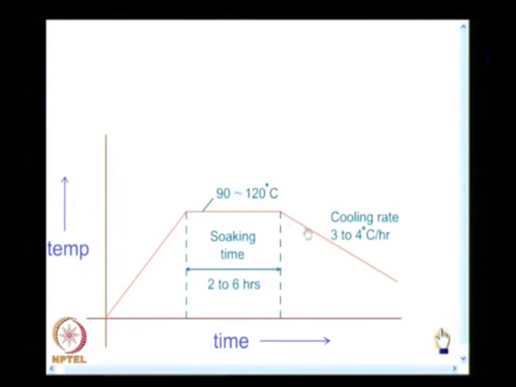So, gradually you cool it, and this is temperature as a function of time. So, the stresses are locked, and in the deformed position the primary bonds remain. So, when I remove the load, the stresses indeed get locked.